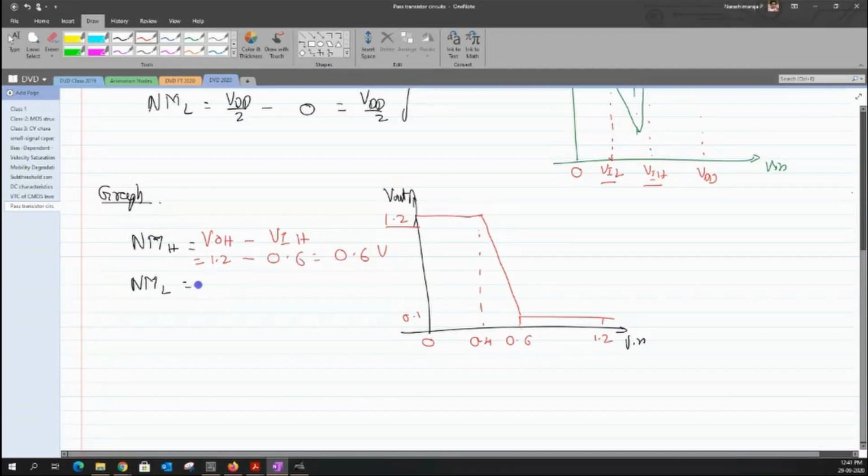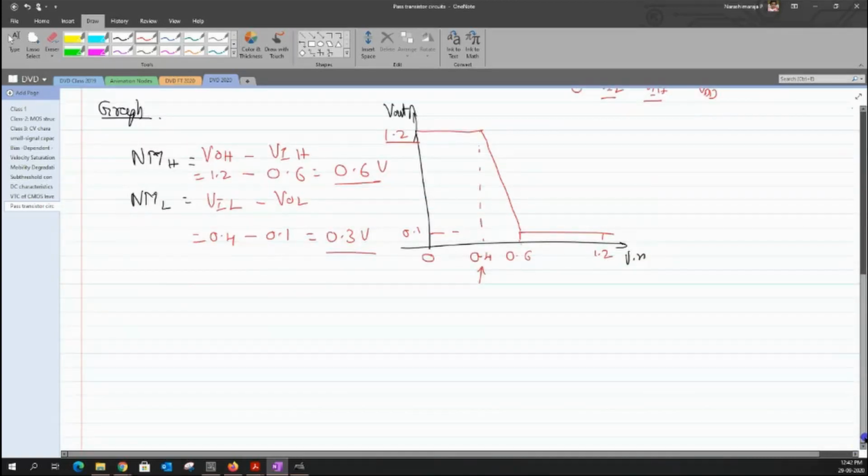Similarly, NML is VIL minus VOL, right? My VIL is 0.4, and I subtract my VOL quantity, which is 0.1. So I have 0.3 volt. I think many of you have answered right. So these are the values that you would get.